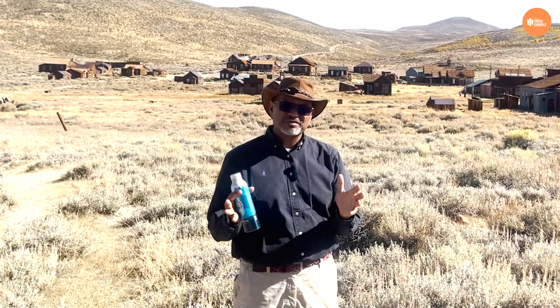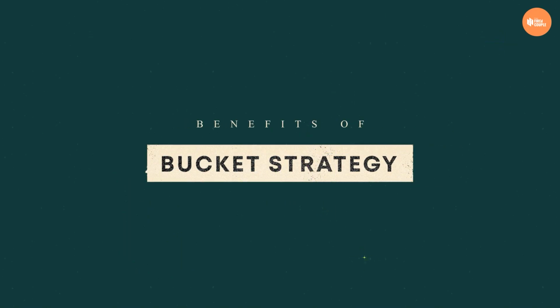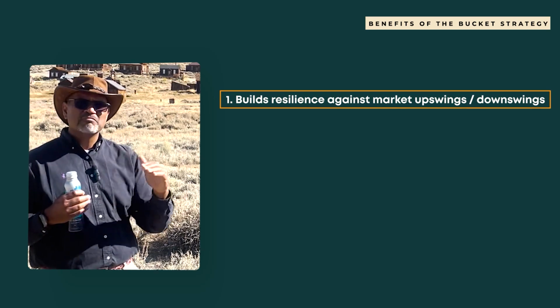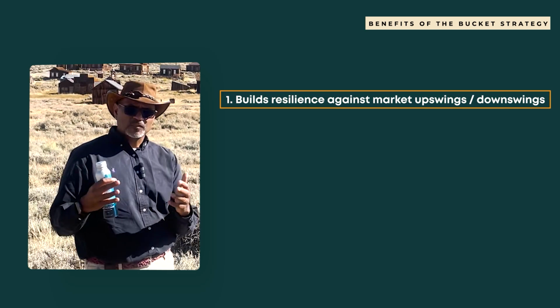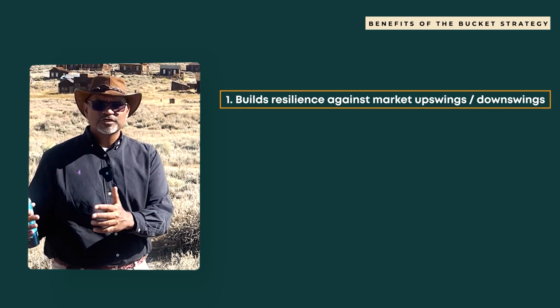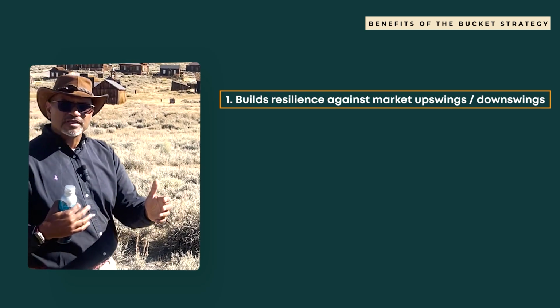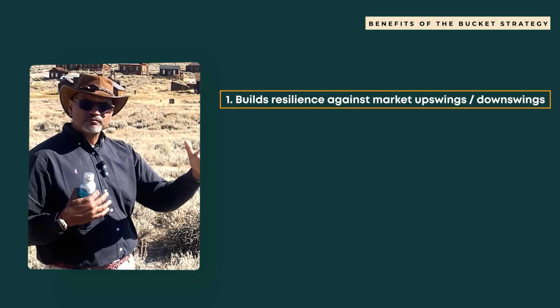Now, why is this 3 buckets strategy important for investments? Reason number one, it makes you a lot more resilient to any market downturns. Whenever there is a market downturn, you have around 2 years of cash access in some form of liquidity that you can use for riding through this downturn.